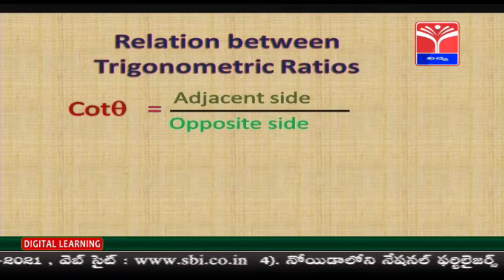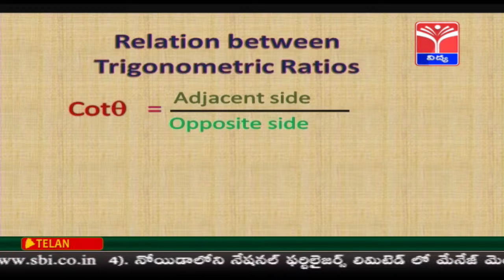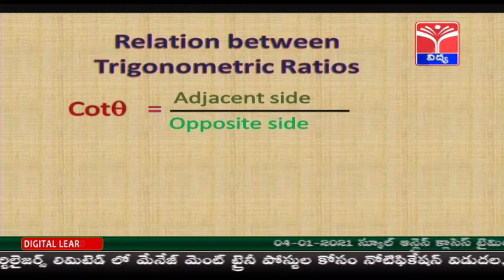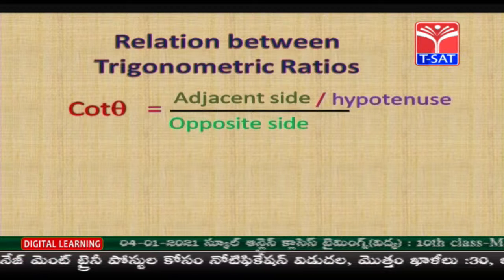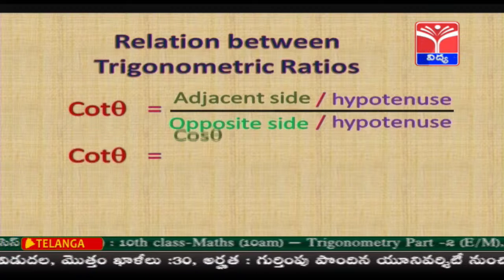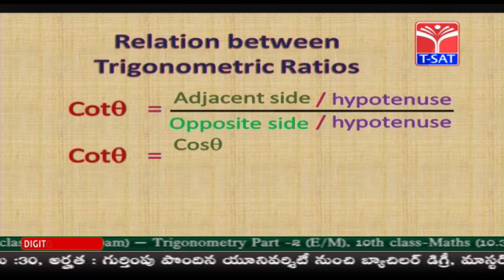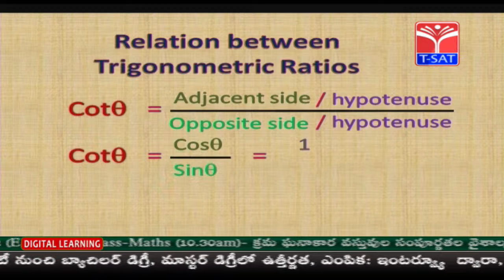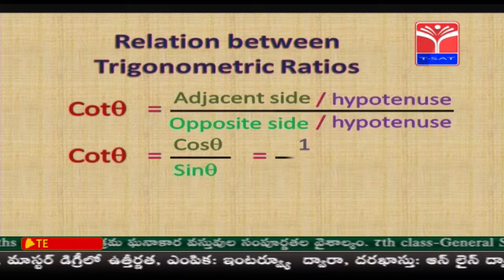Now, please see. We are going to discuss one more, that is cot theta, which we call adjacent side by opposite side. So, adjacent side by hypotenuse over opposite side by hypotenuse is equal to cos by sin. That means this is equal to the reciprocal of tan theta, that is 1 by tan theta.